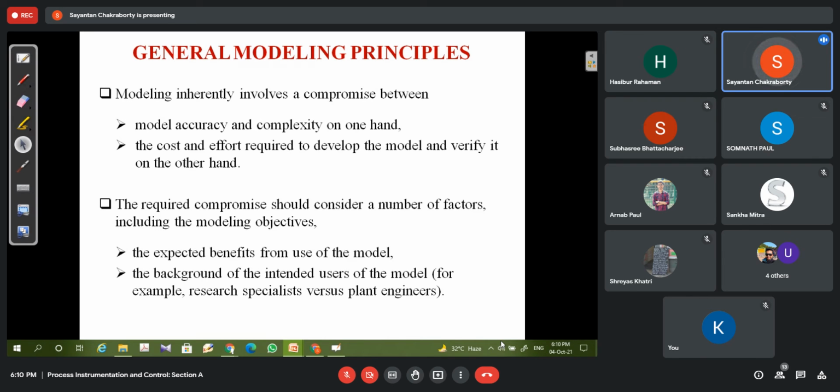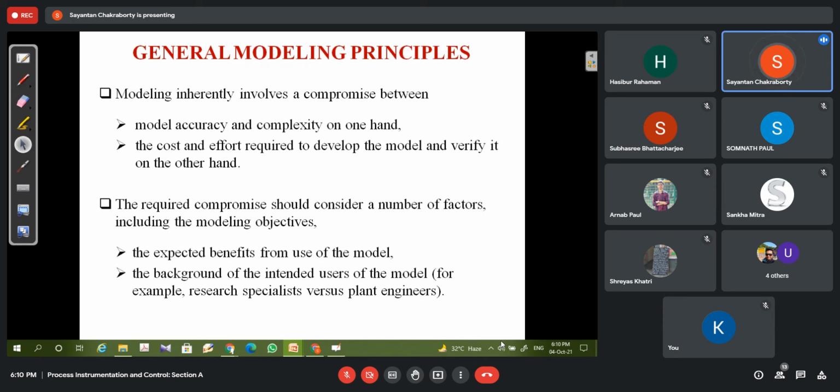Now, another aspect is the background of the user who will be using this. If you are developing a model for a plant where a plant engineer will be operating based on the understanding of the model, then you may not go for a very deep level of modeling with all the intricate details.